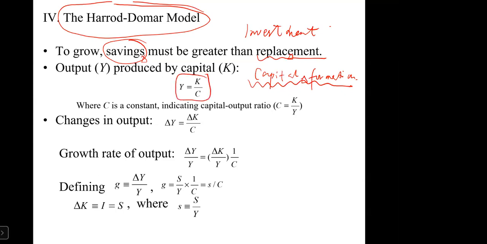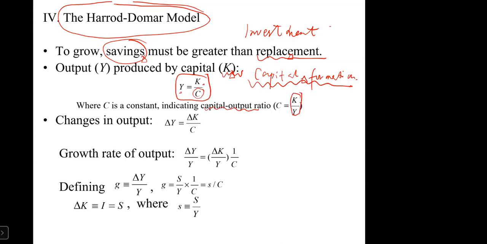What does this equation tell us? Output, Y, is produced by capital, and capital is the only input. The relationship between output and capital follows this linear relationship, and C is a constant. C is the capital output ratio, because C is defined as K over Y.